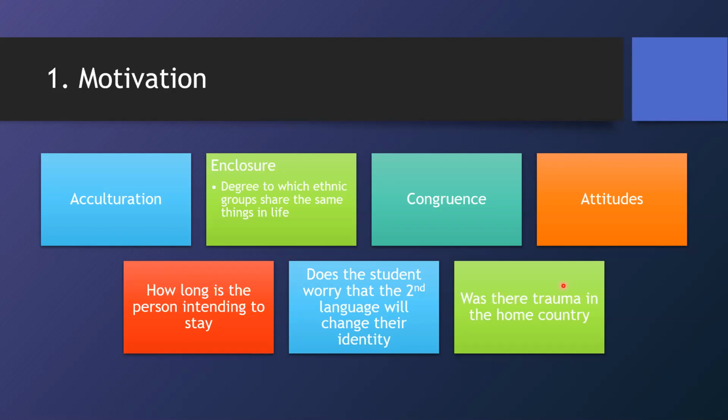Again, was it traumatic, or was it a choice to immigrate? Like, again, the difference between being a refugee and being an immigrant, the difference in choice to go to a different country and establish a new life. So all of these things make a big difference in how motivated, either to be very motivated to learn or not motivated to learn the language.